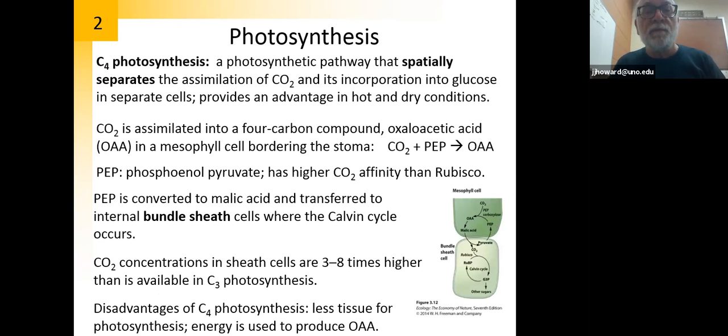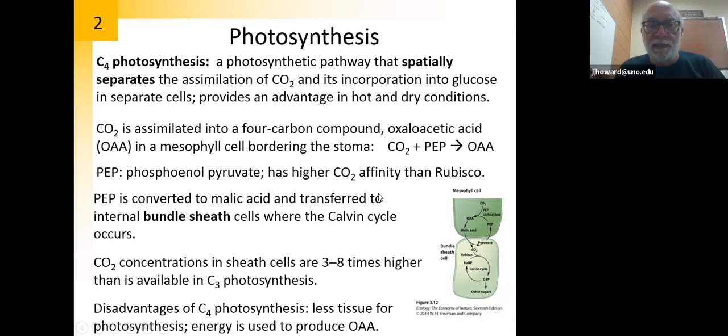So in C4 photosynthesis, here's where we're starting. We've got a spatial segregation of the reactions in photosynthesis. The mesophyll cells have a portion of the reactions that used to occur in a single cell in C3 photosynthesis, and the Calvin cycle is isolated from these other reactions.